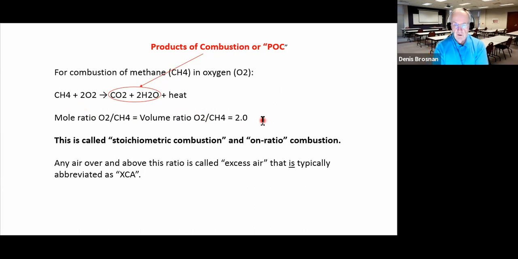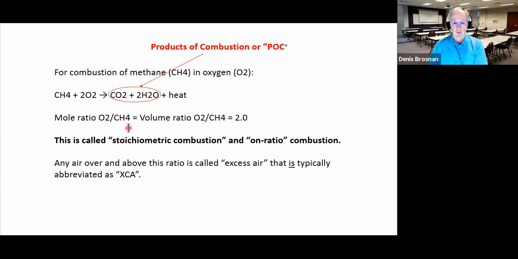Now that has a special terminology for us, and we'll call it stoichiometric combustion. Stoichiometric combustion means that we have followed this equation exactly. We've reacted 1 mole of methane and 2 moles of oxygen to get the reaction products here. That's the stoichiometry.